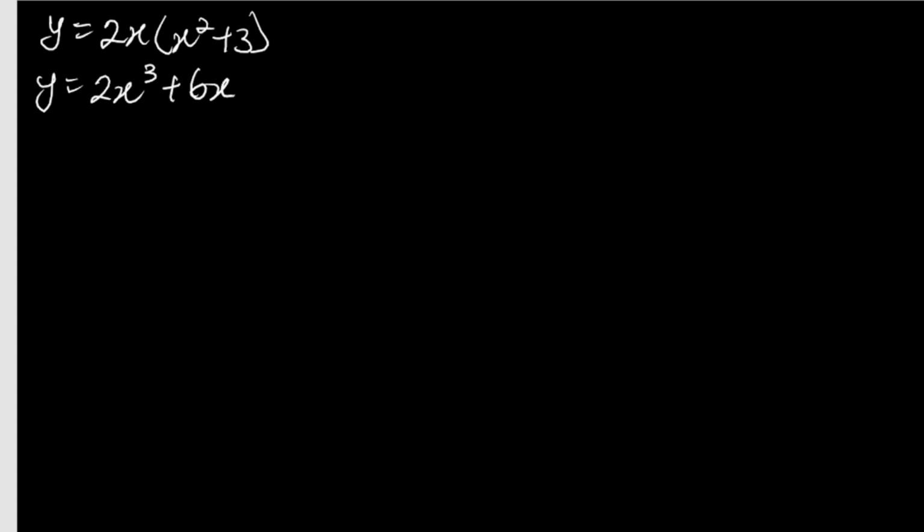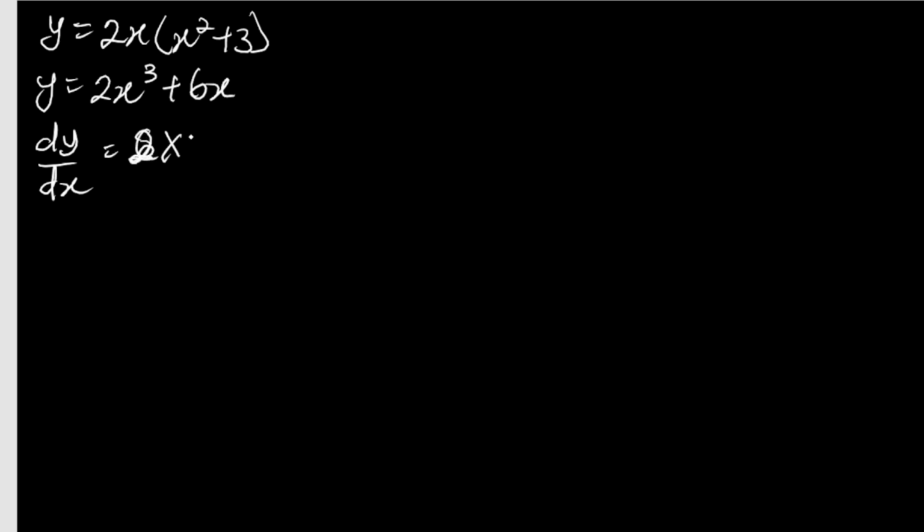Good. All right, let's see. Let's say we have y equal to 2x into the bracket of x squared plus 3. Looking at this, we can open the bracket to give us 2x raised to the power of 3 plus 6x. Now differentiating y with respect to x, it gives us 6x squared.